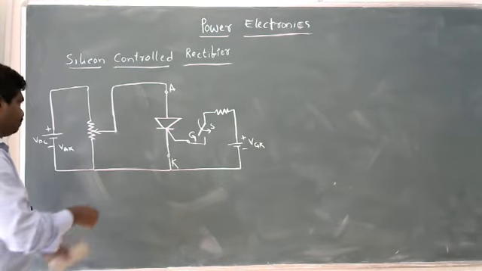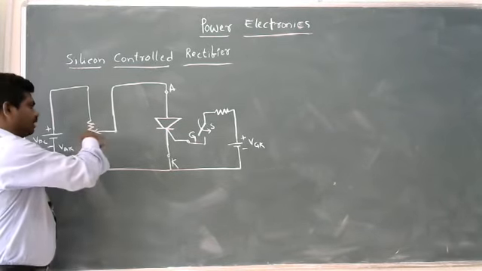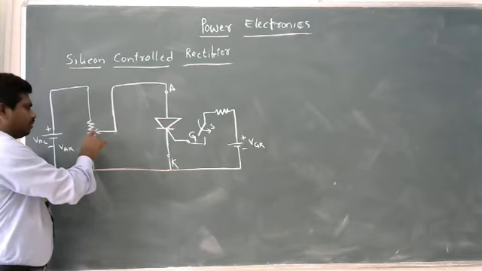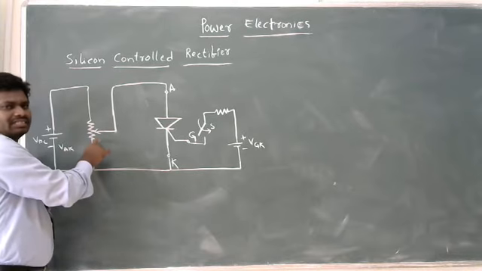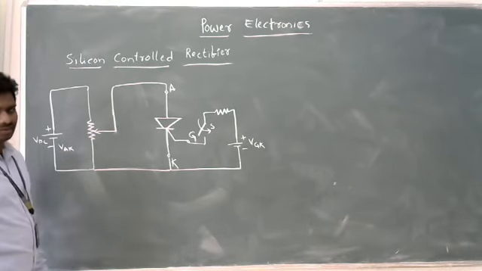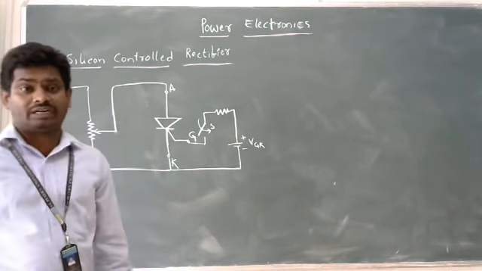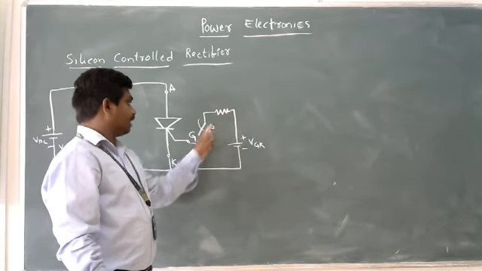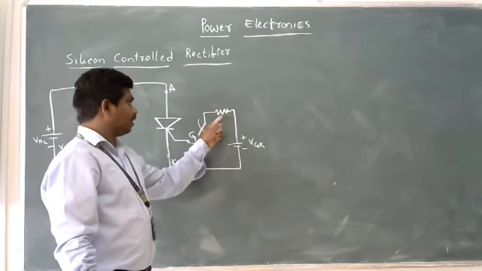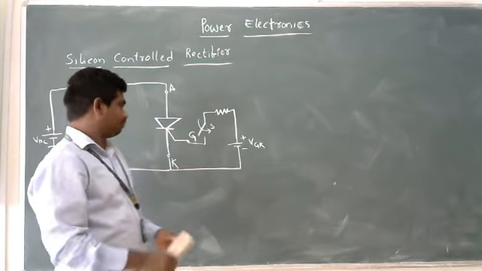Look at this, this is one potentiometer. This is for protection purposes, to protect against the currents which will flow through the device. And here also, to control the gate current, we are keeping one resistance.